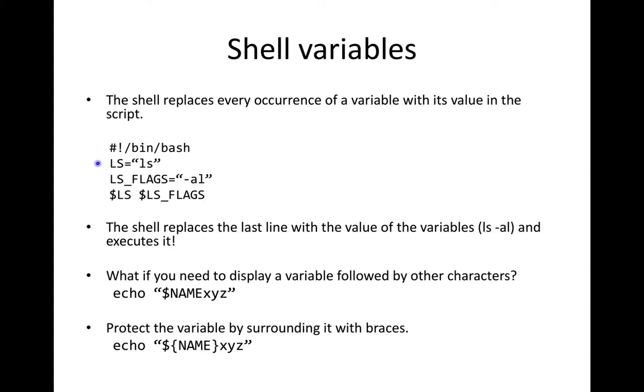On the next line, we are creating a variable called ls, and we're assigning that variable the value ls, lowercase ls. Next, we create another variable called ls_flags, and we assign that variable the value -al.